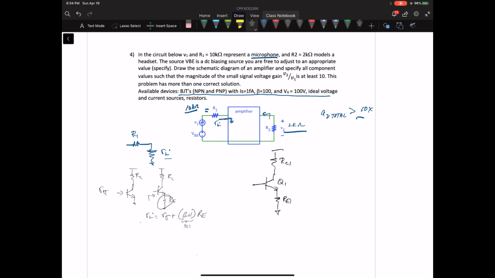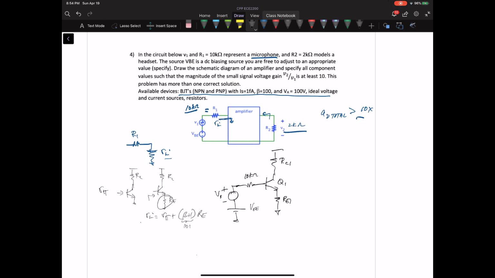And it's being driven by our source resistance, and then V1, small signal V1, and then VB, which we still have to figure out. So that was the first problem, and I chose a common emitter amp with degeneration to get a high input resistance, so it doesn't screw up my gain.